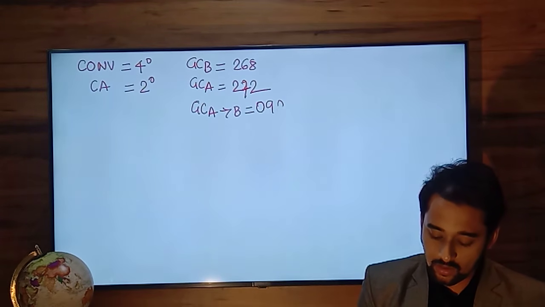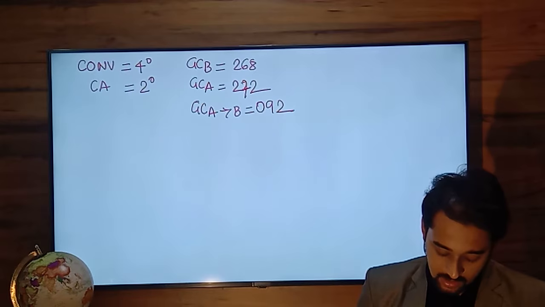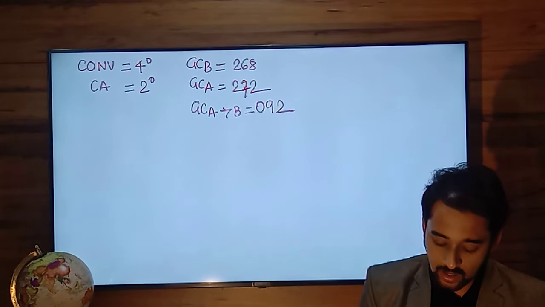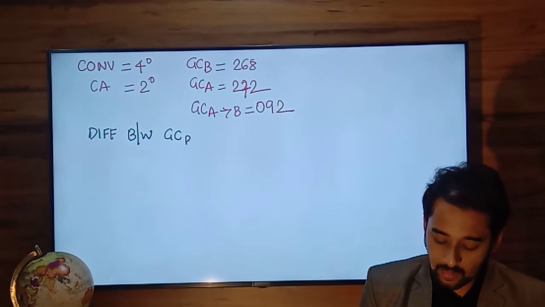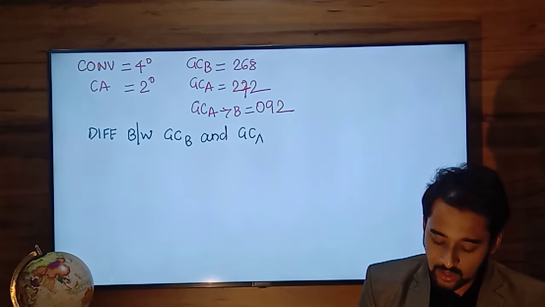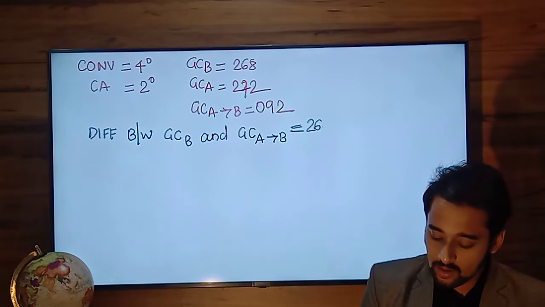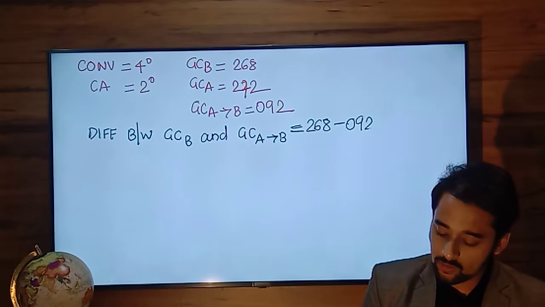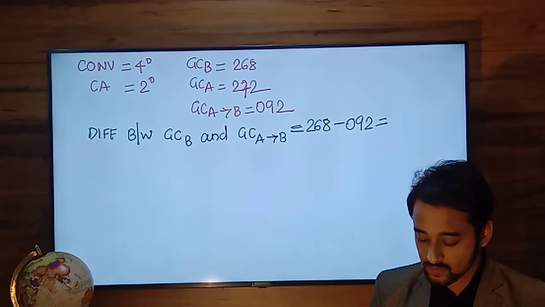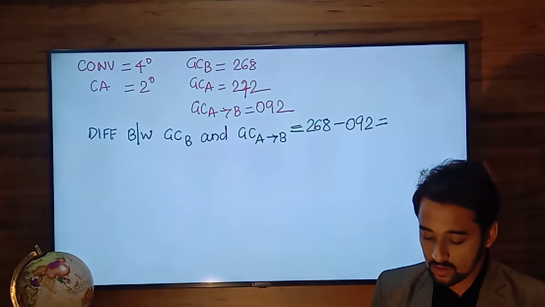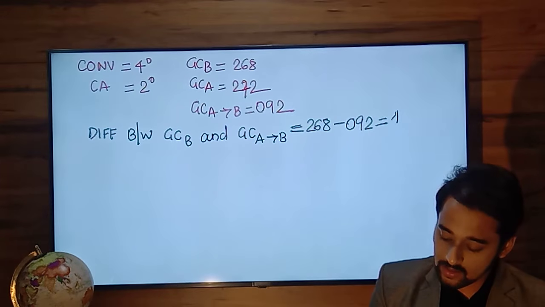092. So to find the hemisphere, the difference between great circle at B and great circle A to B is equal to how much? 268 minus 092, which is equal to 176.